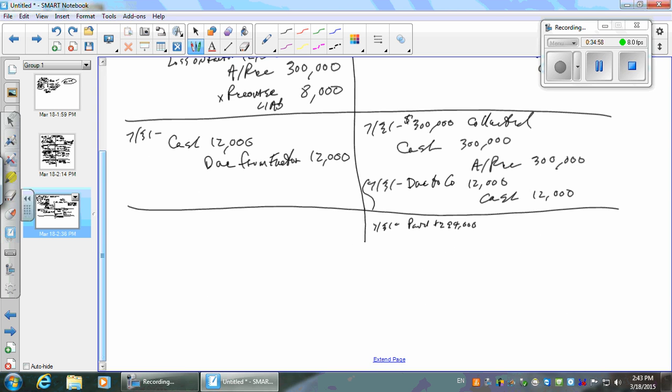Okay, so 294. If they get paid 294, what are they going to do? Of course. Debit cash 294. Credit the receivable 294. Well, they're giving up, they owe 300, because they've collected everything they need anyway, right? They're only entitled to 4,500 of income here anyway, right? Okay? All right, and this is going to be with recourse, right?